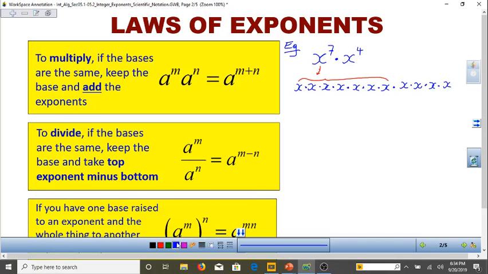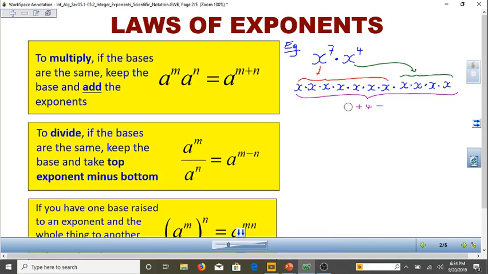So as you can see, I'm multiplying a product of 7 x's by a product of another 4 x's. That's what I mean by x to the 7 multiplied by x to the 4. When I put them all together, I'm really adding the 7 x's plus the 4 x's, and that gives me 11 of them in all.